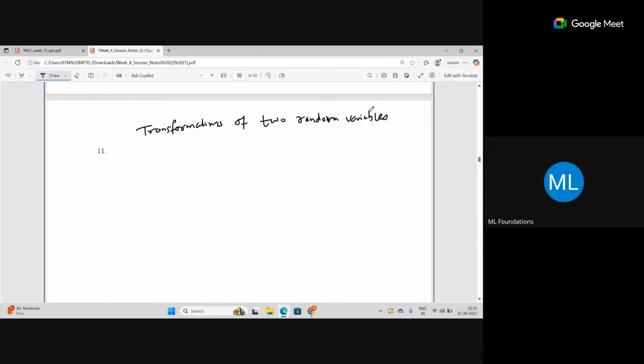Okay, now let us say there are two random variables, x and y, for which I know the joint density. Generally, the joint density of two random variables is written as f of xy, f_XY(x, y).